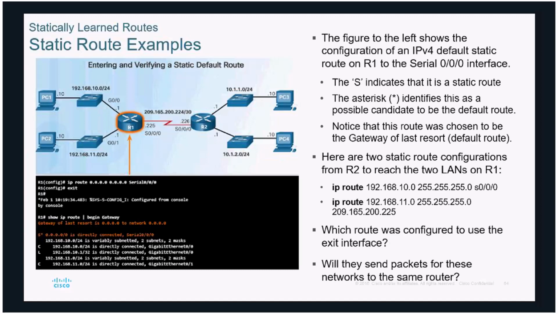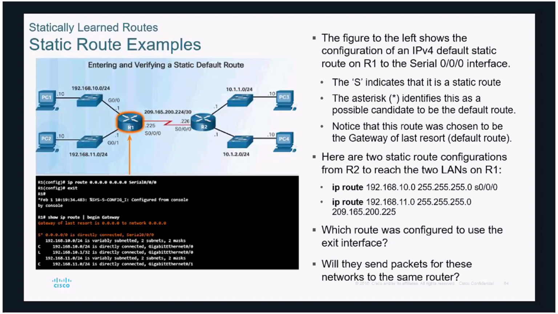To get to that network, here's a mask, go out of S0/0/0. So R2 is saying come out of this interface here. That's the interface configured to reach there. And 11.0 is saying use 200.225, which is over here. So that one is using the exit interface. That one is not. That's over here instead.